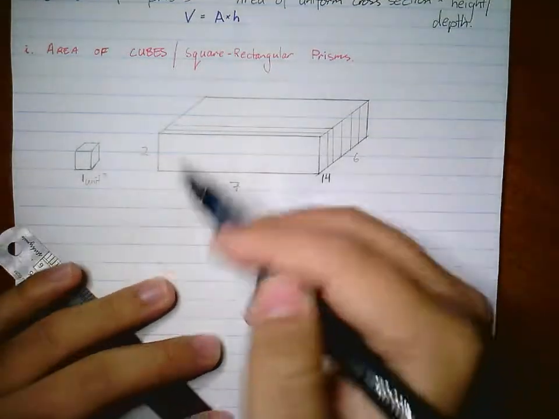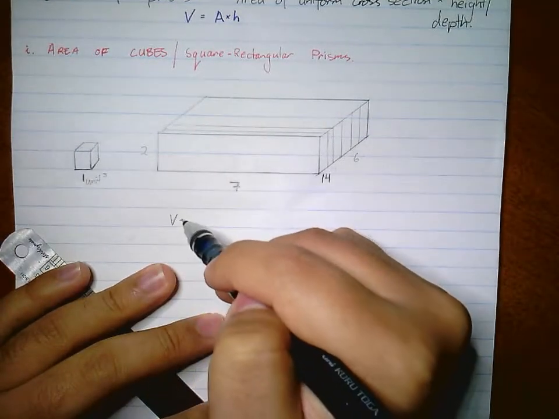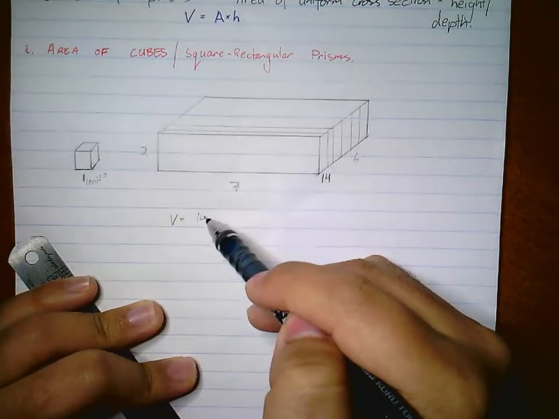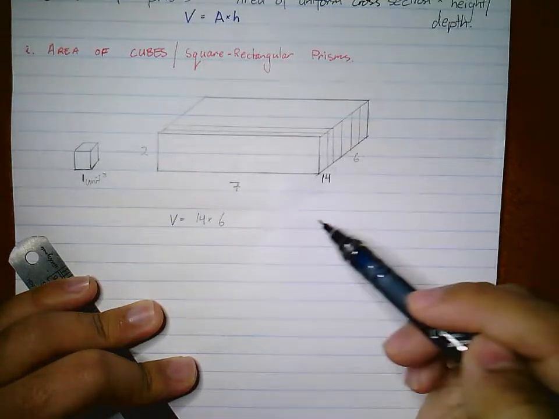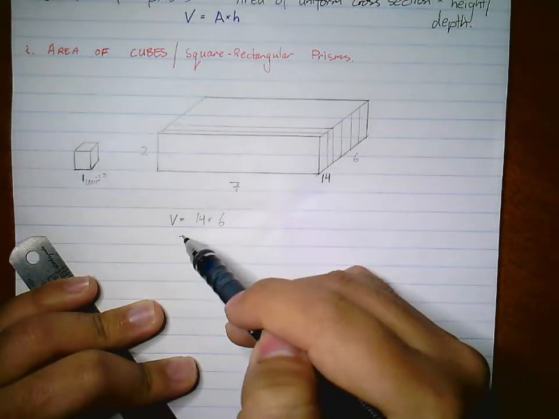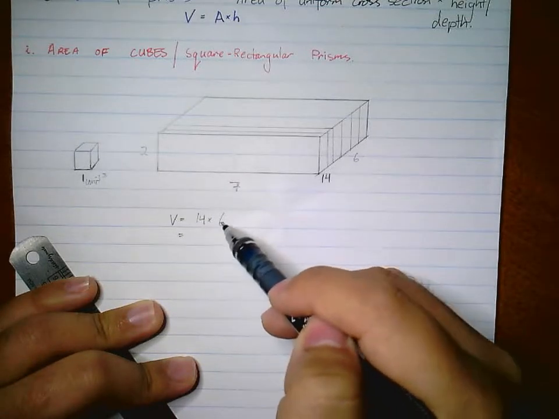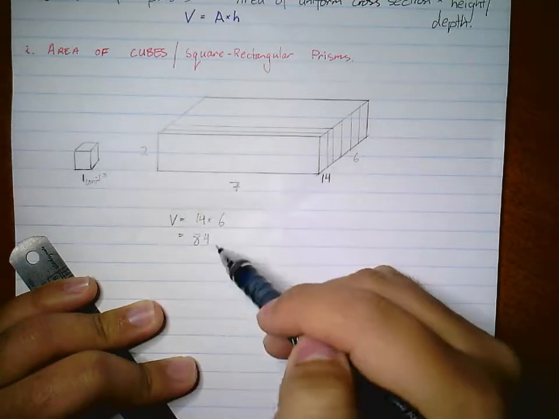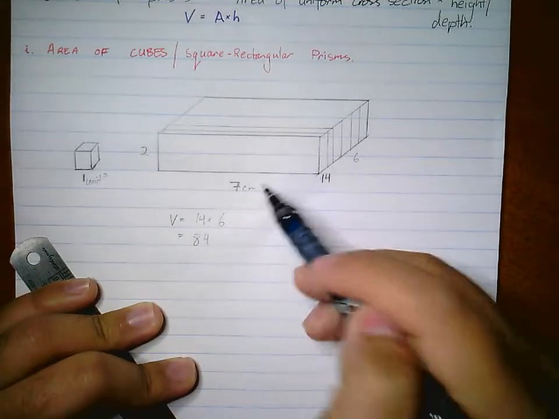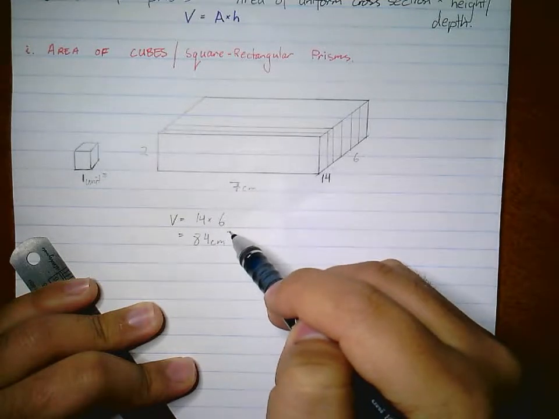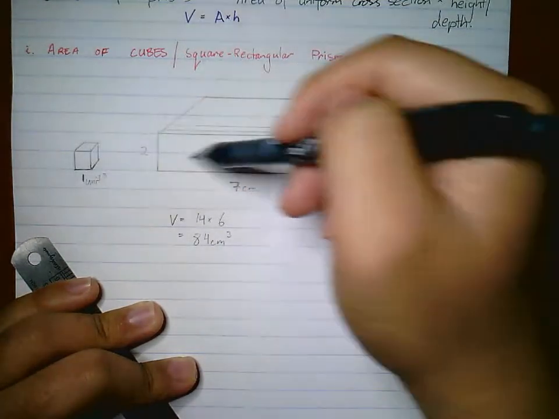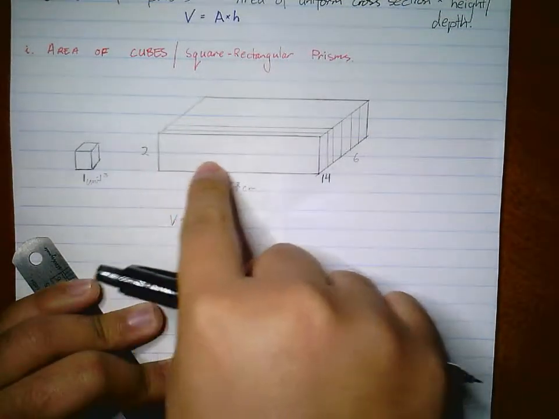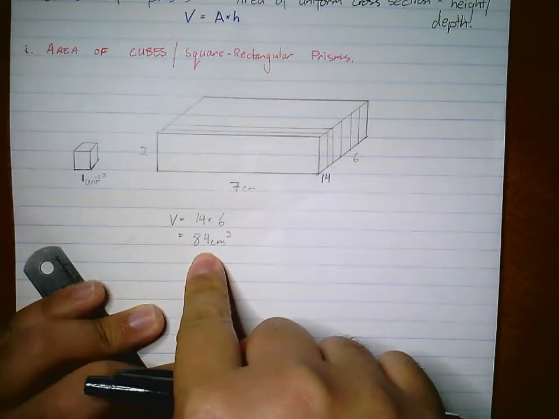So if we were to count all the cubes, the volume of this, well, that's 14 in the first layer multiplied by 6 layers, which will give us, that's 60 plus 24, that is 84 centimeter cubed, because if we were to count all the cubes inside this prism that we've placed side by side like this, there would be 84 of them.